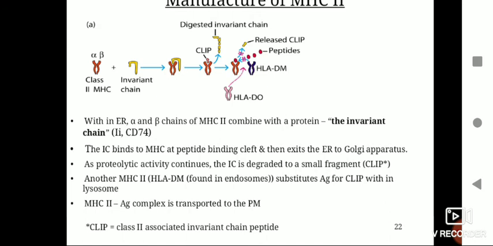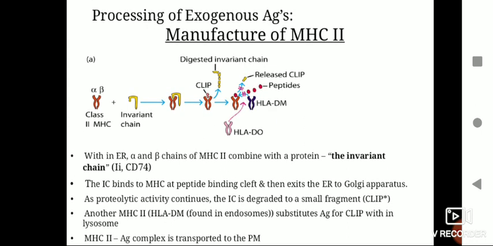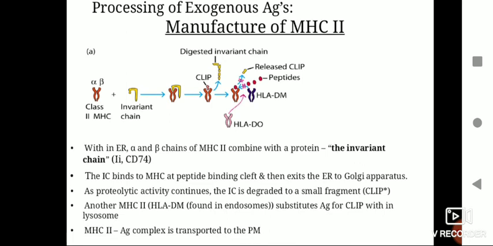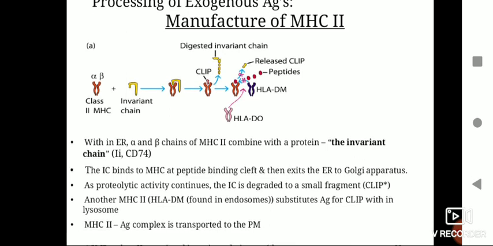Endosomes are the vesicles within which the captured exogenous antigen is broken into small pieces or peptides. So this HLA-DM will help in the release of CLIP and binding of the peptide. And once its job is done, it will go away, and now we have the MHC class 2 peptide complex.